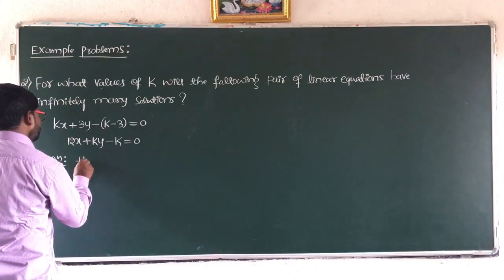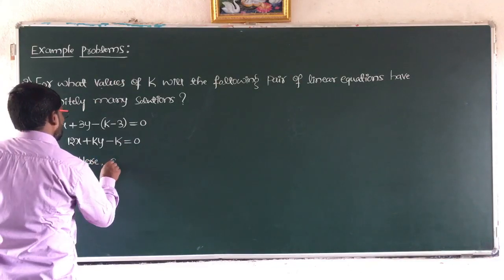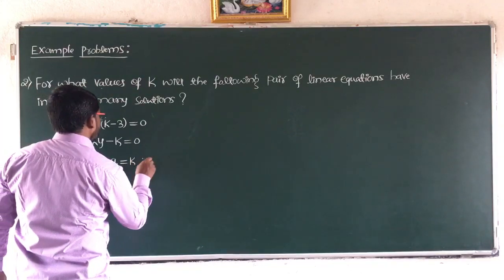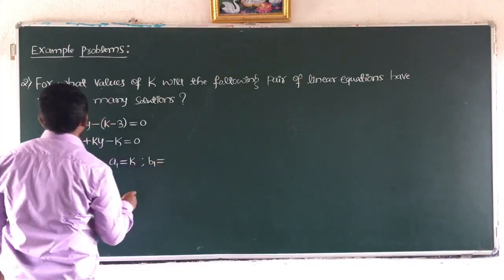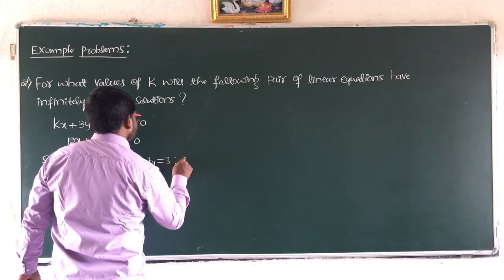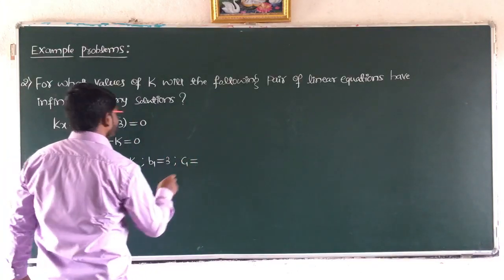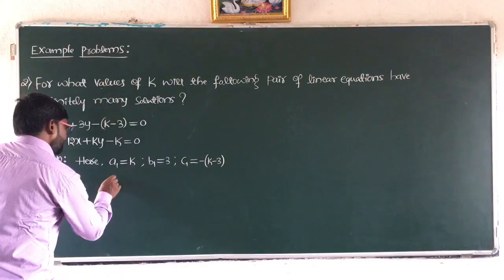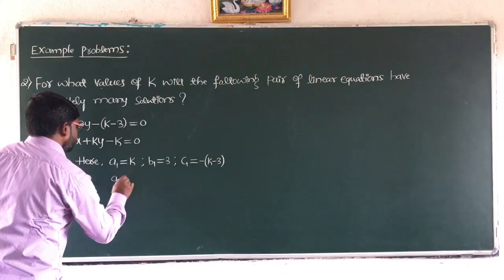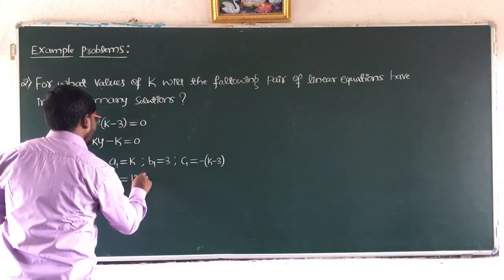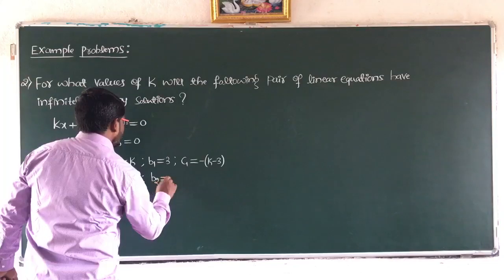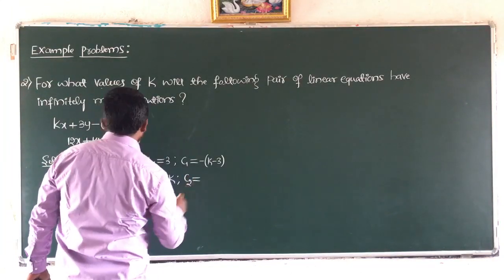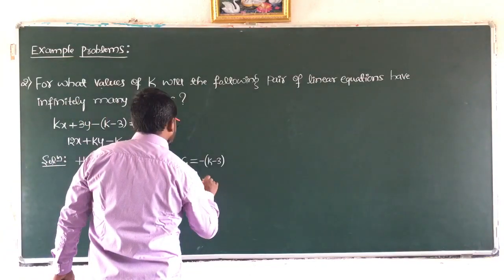Here a1 is equal to k, then b1 is equal to 3, then c1 is equal to minus k minus 3, then a2 is equal to 12, then b2 is equal to k, then c2 is equal to minus k.